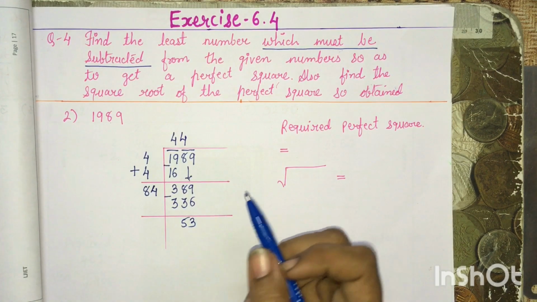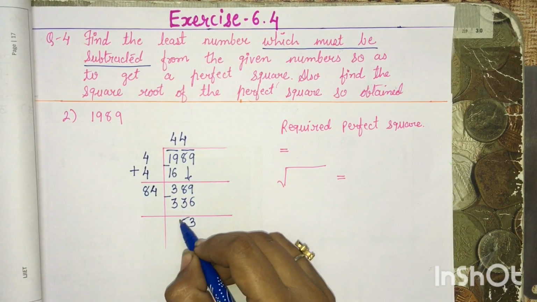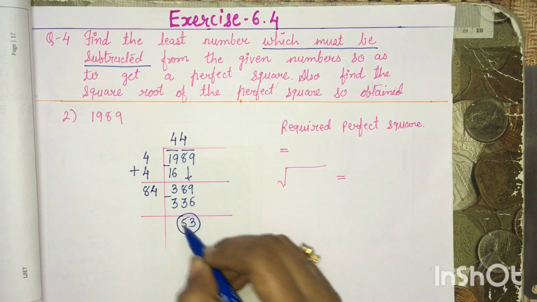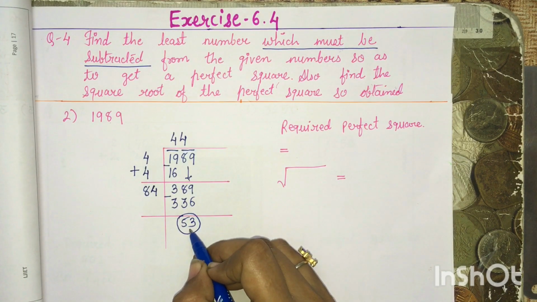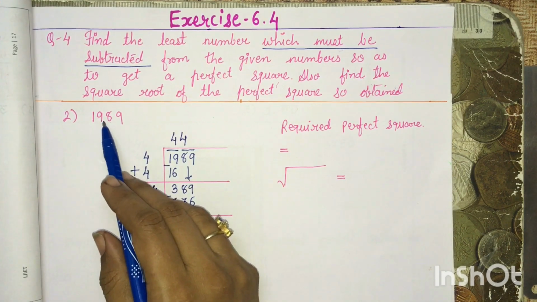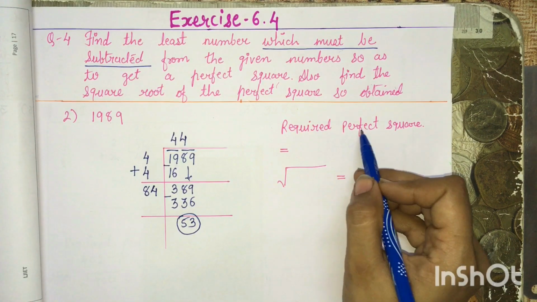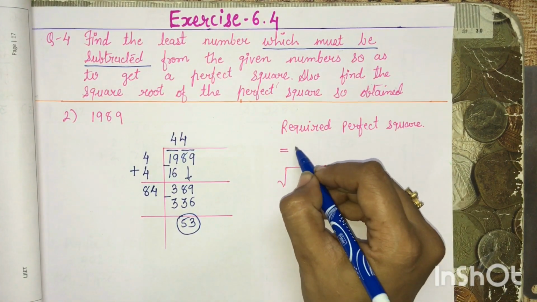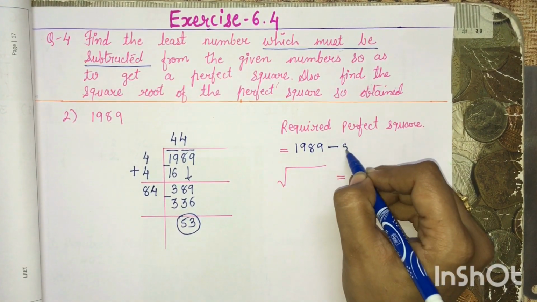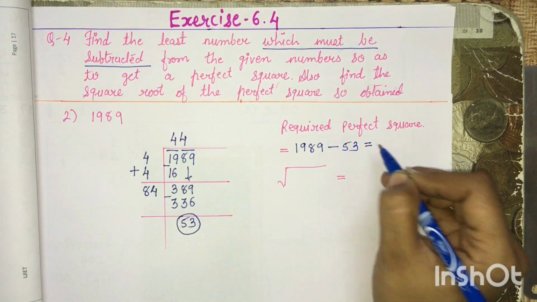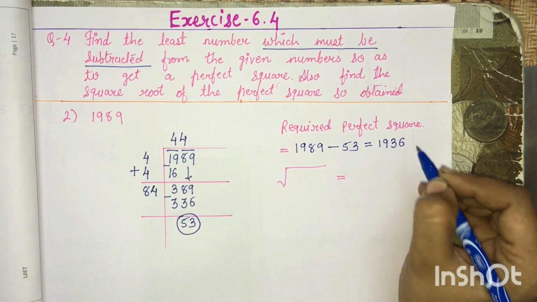So whenever we have to find the number which must be subtracted using the long division method, we will focus on the remainder part. This is the number which we need to subtract from the given number in order to find a perfect square number. So the required perfect square is equal to 1989 minus this 53, and it is equal to 1936.